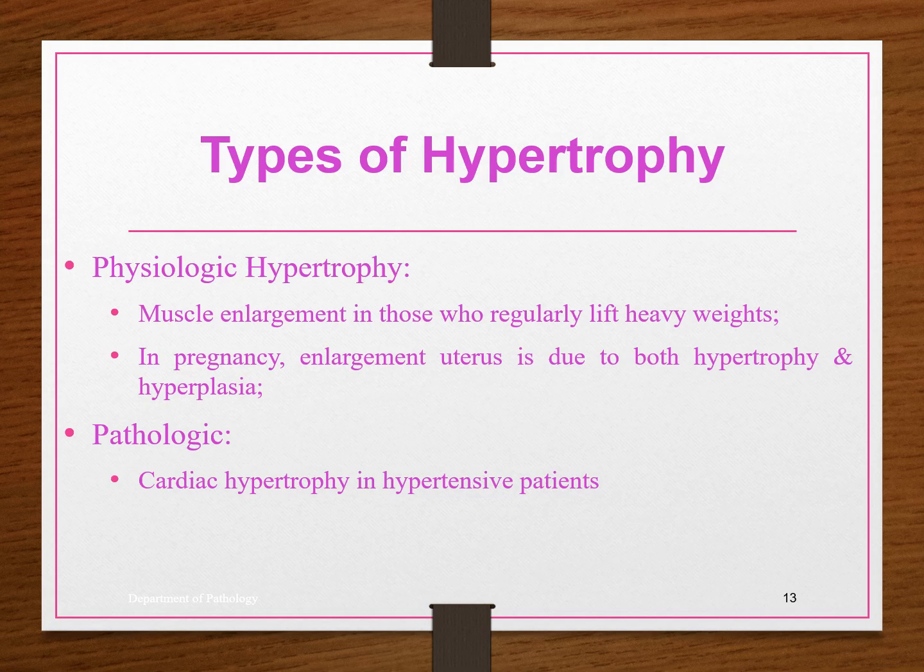In pregnancy also there will be enlargement of the uterus, which is because of both hypertrophy and hyperplasia. Both the increase in number of cells and cell size will happen in pregnancy. Pathologic hypertrophy example is cardiac hypertrophy in a hypertensive patient.